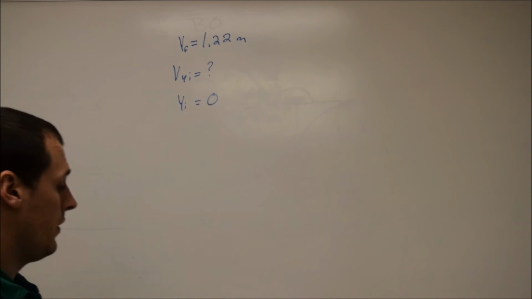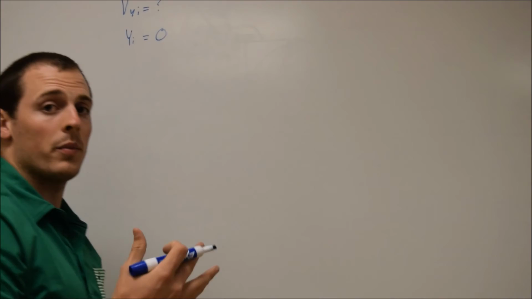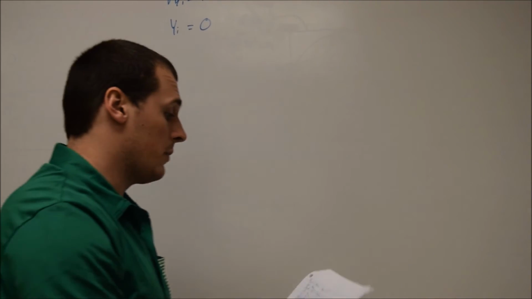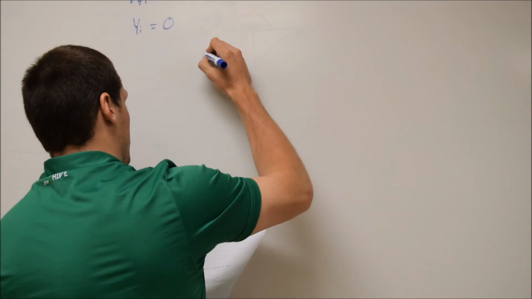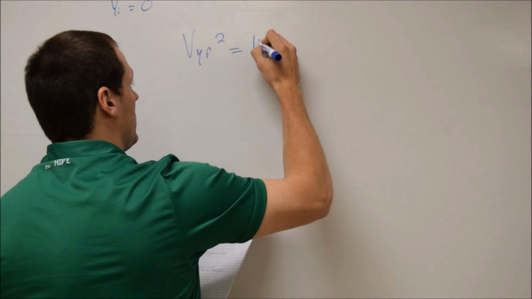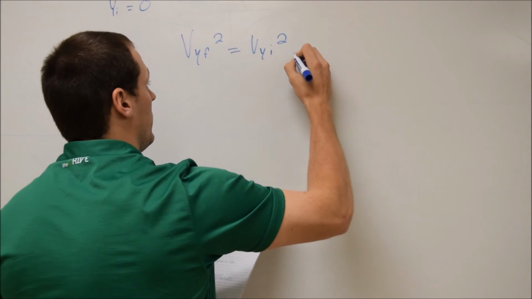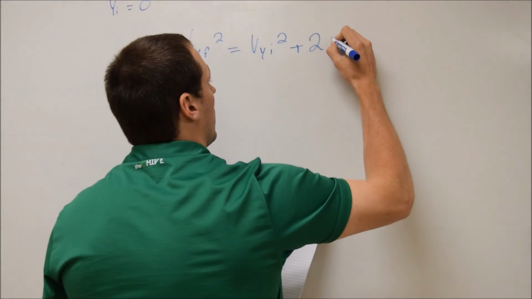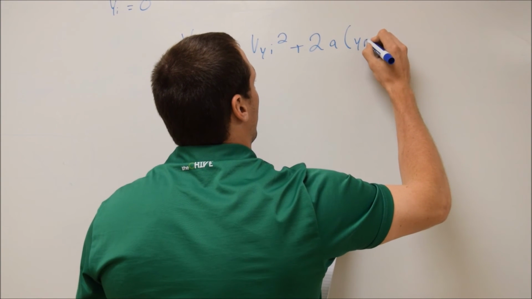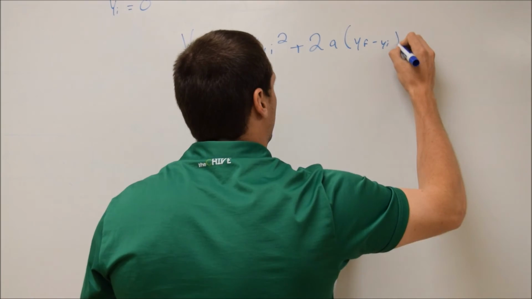For this one we're going to use the same formula that we used for the last example in number 6, and that's Vy final squared is equal to Vy initial squared plus 2 times acceleration multiplied by y final minus the y initial.